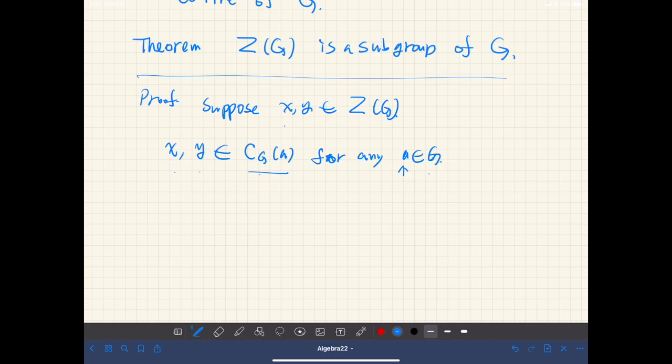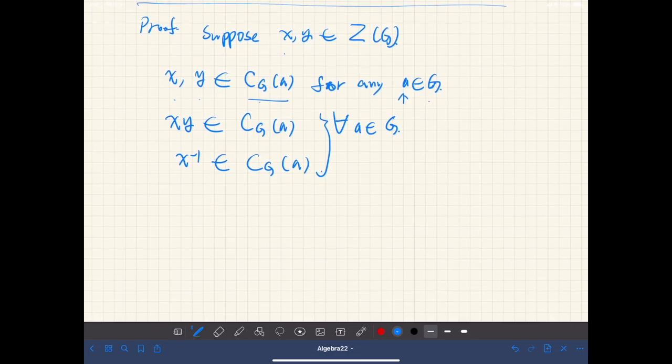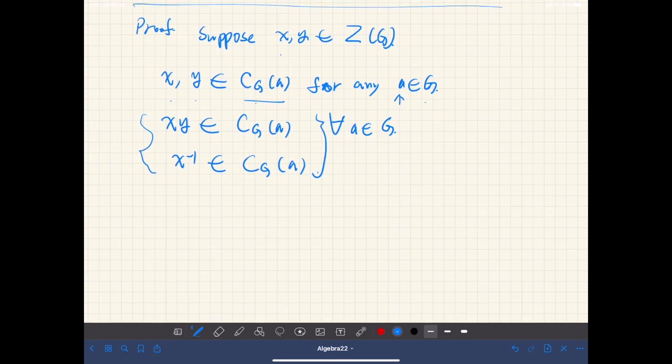So that means x and y belong to the centralizer, maybe I'll just write, for all A in G. And also x inverse is an element of C_G(A), because we have shown that the centralizer of any element is a subgroup of G. So these relations hold for any element A. That means xy and x inverse belong to the center of G. So this means the center of G meets the subgroup criterion.